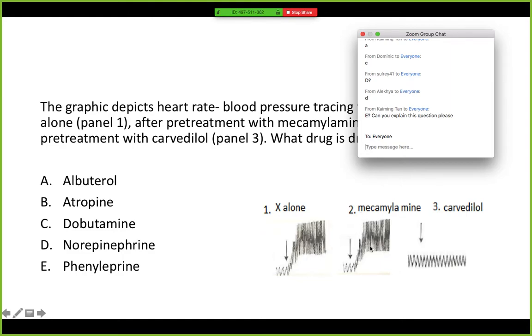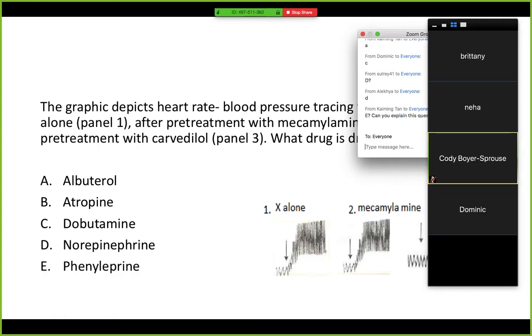In number 2, when you've pre-treated with mecamylamine, you still get that same increase in blood pressure and increase in heart rate. So that tells you that the effect was because of the drug. It wasn't a reflex response.